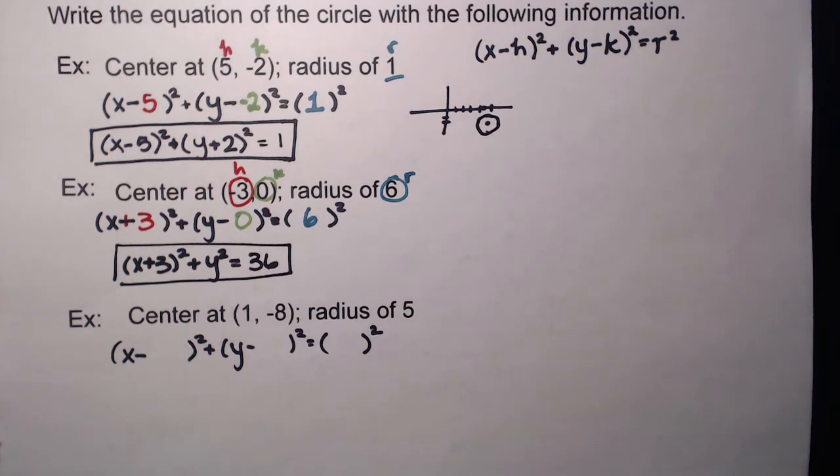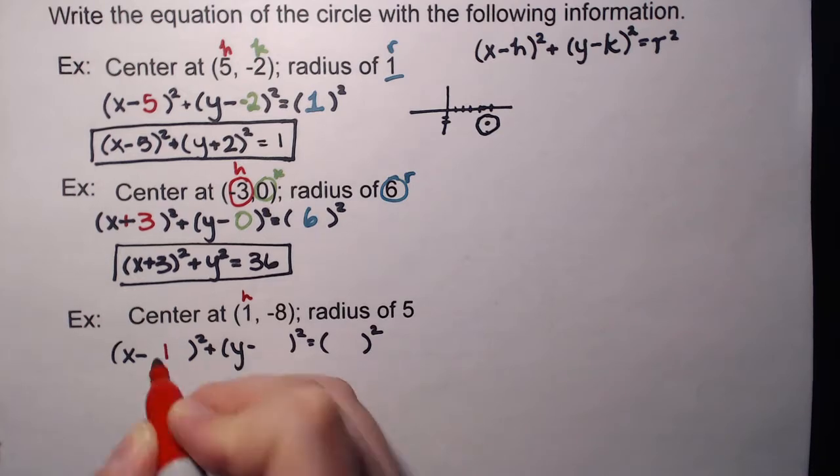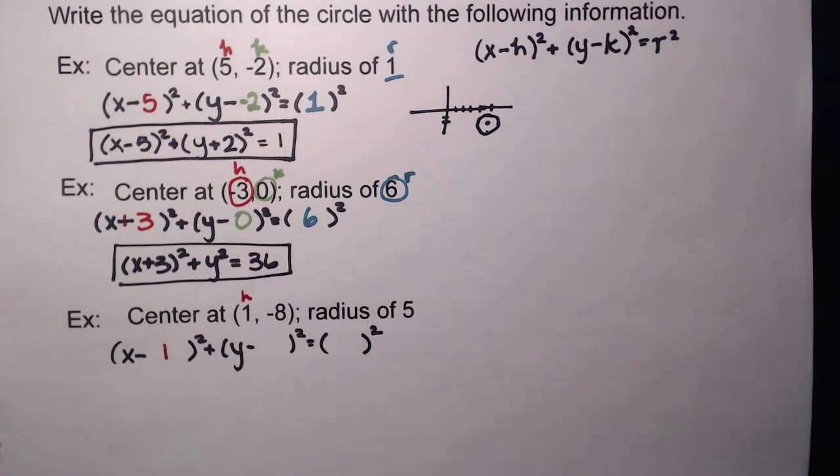And then this last one, go ahead and pause the video and try it on your own. Did you try it? Or are you just waiting for me to do it? Really pause it and try it on your own. That's how you learn. Okay, I'm trusting you. This is your h. This is k.